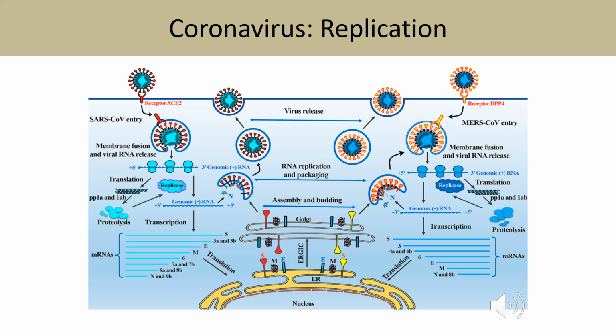On the other hand, the MERS-CoV virus has a different receptor. It's the dipeptidyl peptidase receptor, which is a very ubiquitous enzyme present on the cell membrane that has an important role in apoptosis and in cell regulation. It actually regulates a number of proteins that are important in glucose homeostasis.